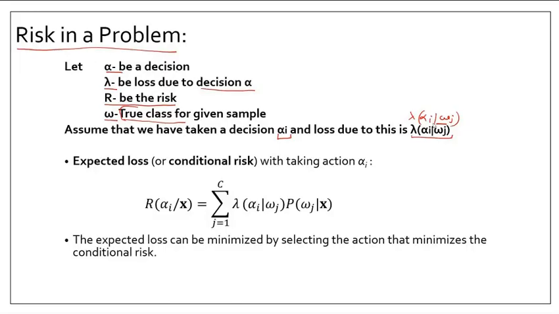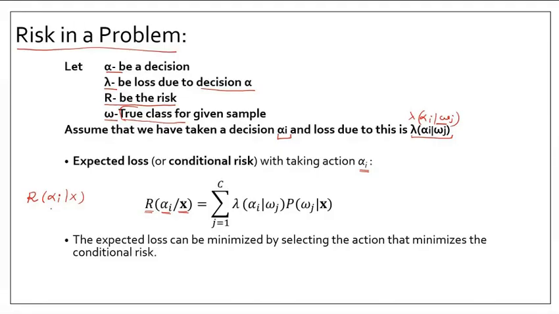So the expected loss, or conditional risk, in taking action alpha i is given by risk. When I write R here, it is the risk in taking decision alpha i given that the input is X. So I am writing R of alpha i given X. What kind of decision will I take?